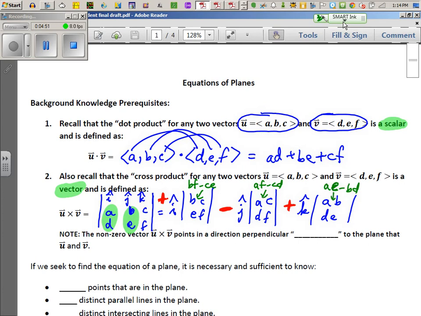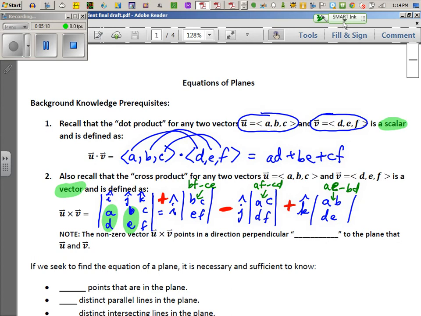Okay, so it's all very messy, but when you're using numbers, it's not messy at all. This comes out real nice, 5 I hat minus 2 J hat plus 10 K hat. Okay, now when you get an answer that's just 0, 0, 0, then that means that you didn't have a very interesting result, okay? But most of the time you're going to get something like 2, negative 5, 10, or something.